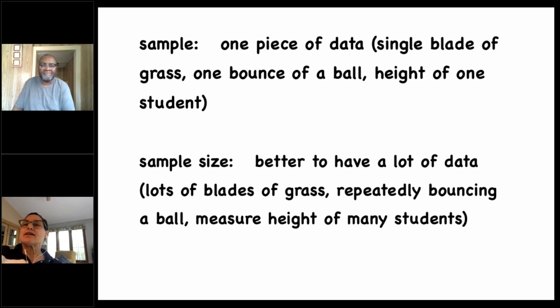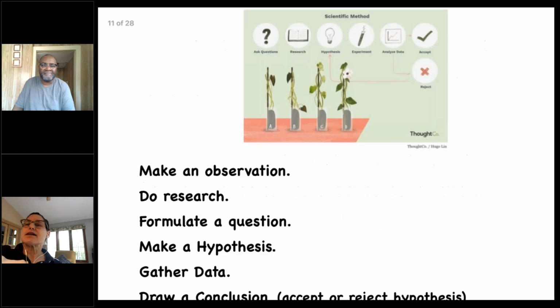All right. Here's a picture of the scientific method, and the steps. You'll see many different scientific method steps. You might see only 3, you might see 10, but these are the basics.